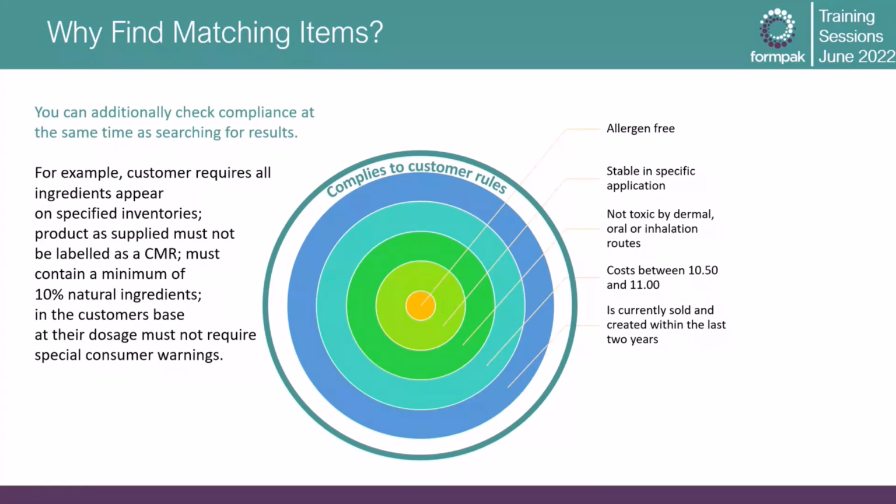If you have more complicated checks, like there must be a minimum of certain types of ingredients, or even more complex, that the customer's base using your product must not have special consumer warnings. This could be about cosmetic allergen labeling, food allergen labeling, or anything.